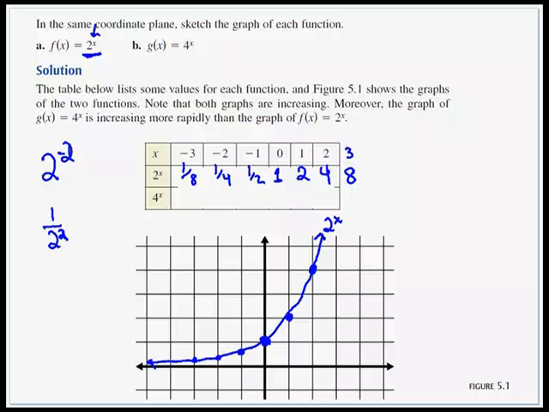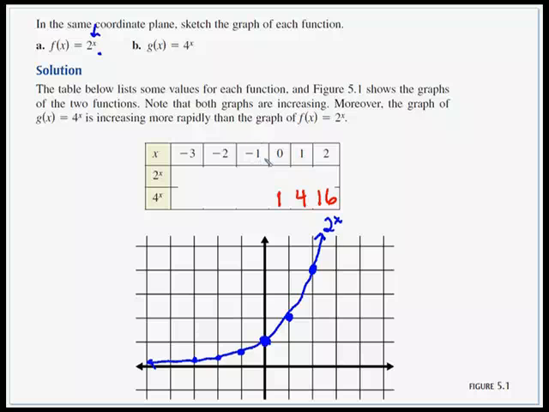Now let's work on the next one, 4 to the x. Here, I'm going to change over to red. If I plug in 0, 4 to the 0, or anything to the 0, is 1. Plug in x is 1, 4 to the first power is 4. Plug in x is 2, 4 to the second power is 16.